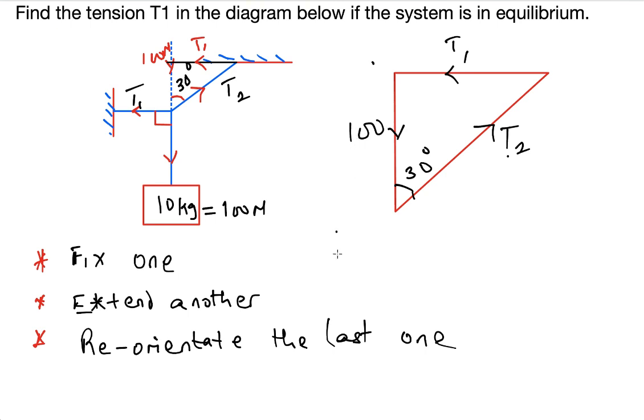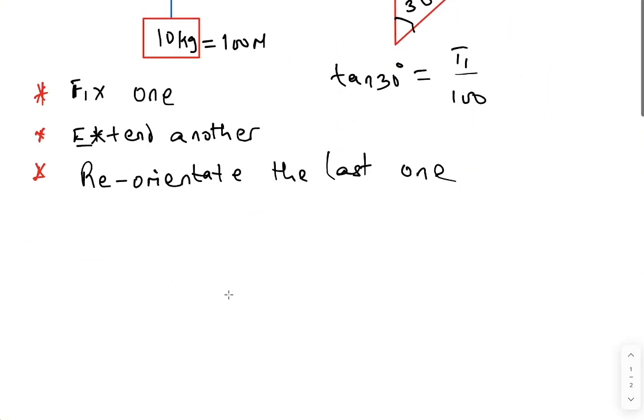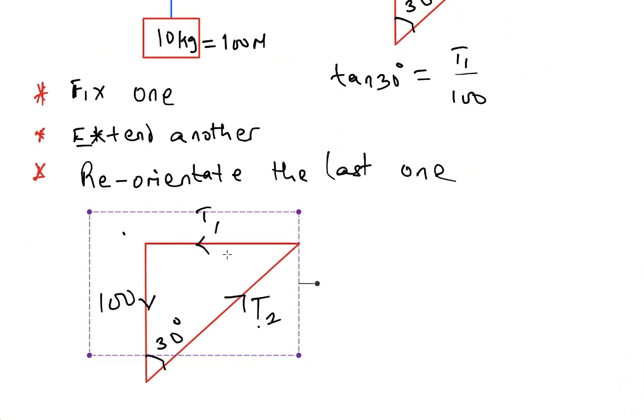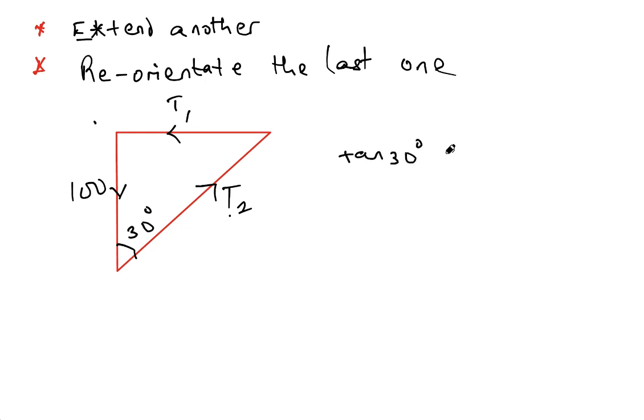Using SOHCAHTOA, tan 30 degrees equals the opposite, which is T1, divided by 100.